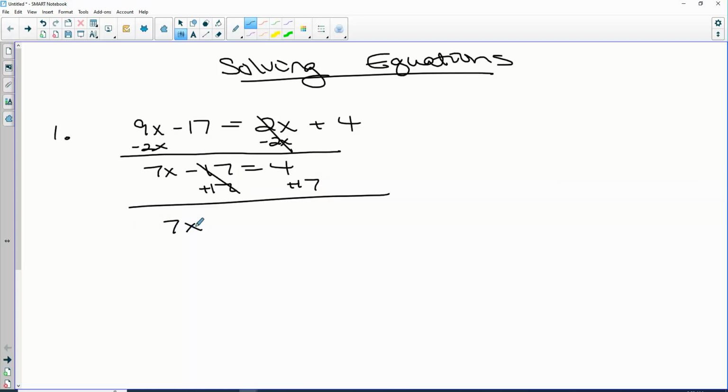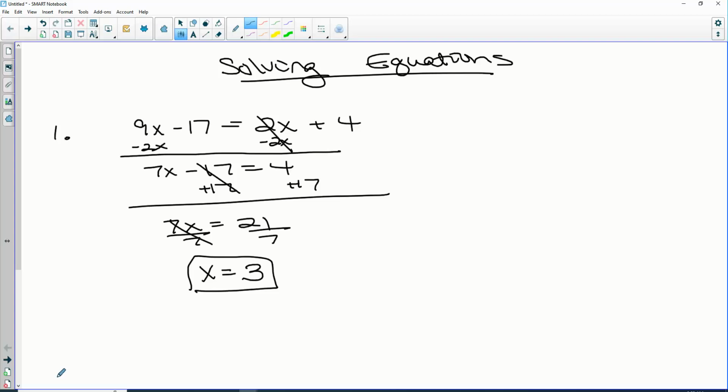So 7x equals 21. Then divide, so x is 3.